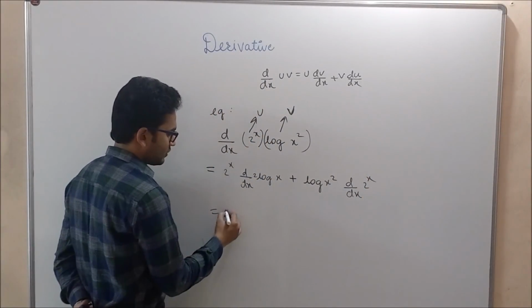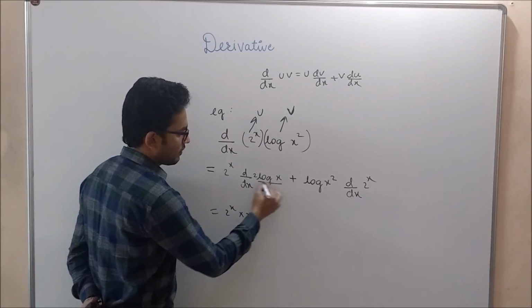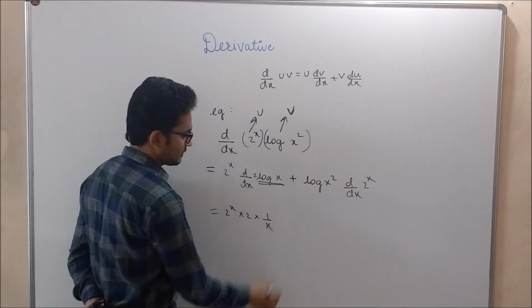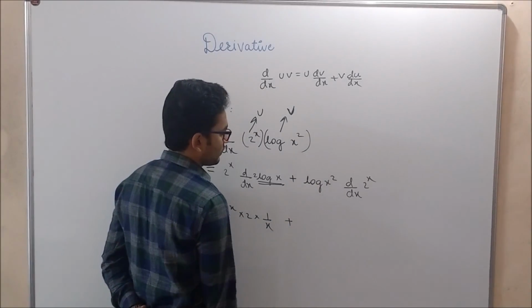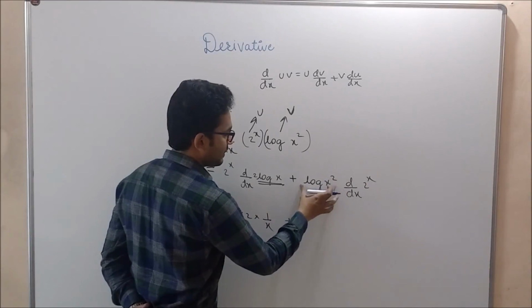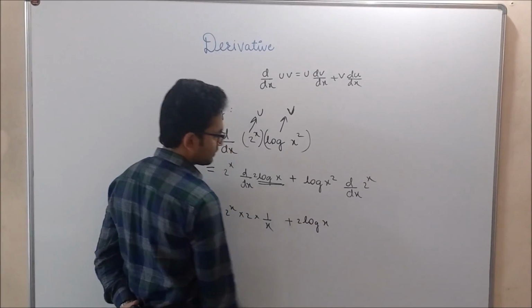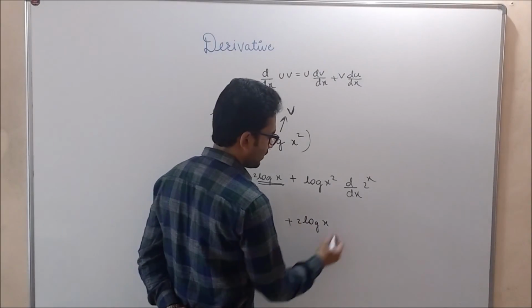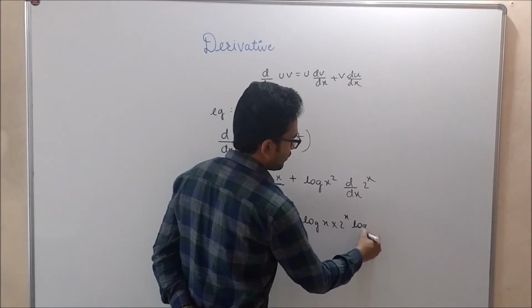Simple. 2 raised to x as it is, 2 is constant, take it out again, and derivative of log of x is 1 by x. Again plus sign as it is, derivative of log x square. So not the derivative, just log of x square, which can be written as 2 comes in front, property of log. Into a raised to power x derivative gives 2 raised to power x log 2.